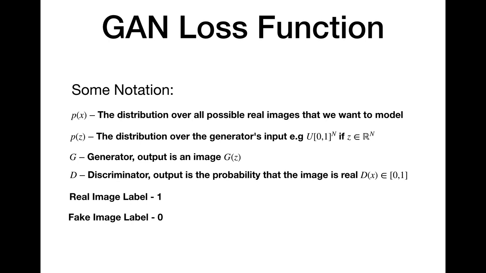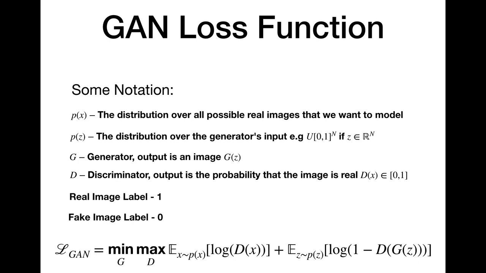Next, let's look at the GAN loss function. The loss function for the GAN is set up as a minimax game between the generator and the discriminator. The first term is an expectation over the distribution of all of the possible real images, and the second term is an expectation over the distribution of all possible fake images.